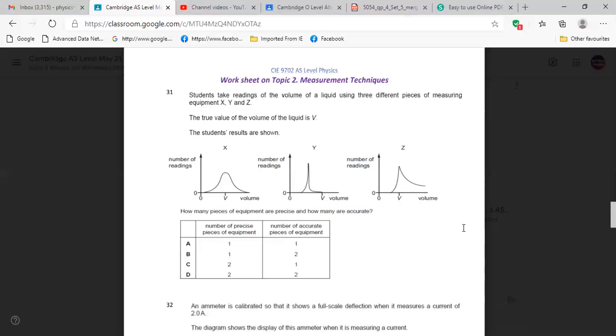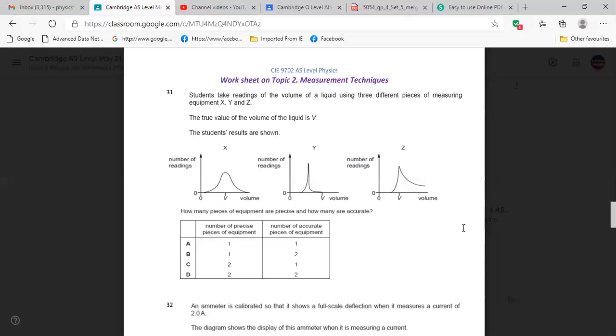Yes, sir. In Y we said it's neither precise nor accurate. And precise means we get readings closer to each other, isn't it? Yes, sir. So we have precise volumes which are closer together, mostly in X, right?